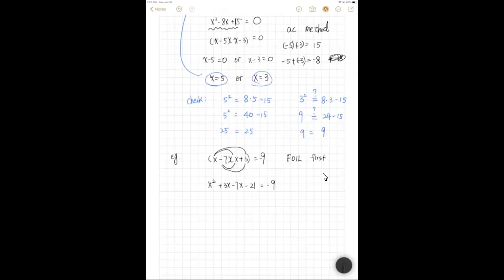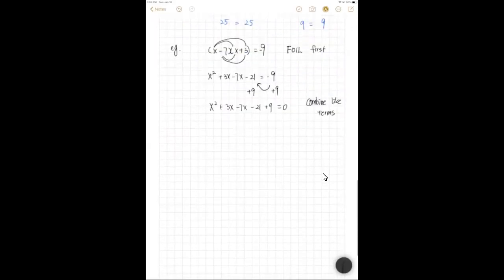And then I want to move the negative 9 to the left side by adding 9 on both sides. So I have x squared plus 3x minus 7x minus 21 plus 9 equals 0. And then I combine the like terms together. So I will have x squared minus 4x minus 12 equals 0.